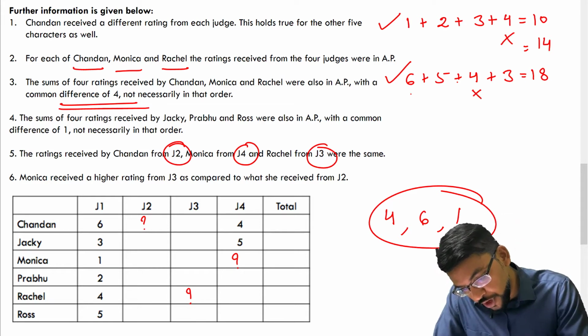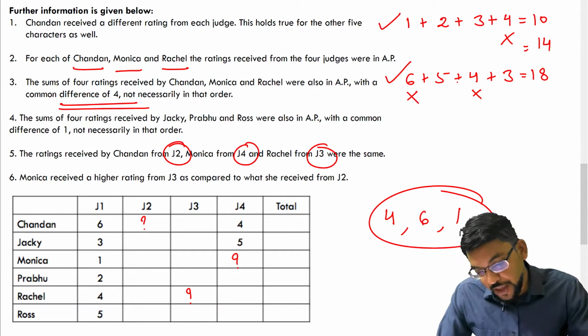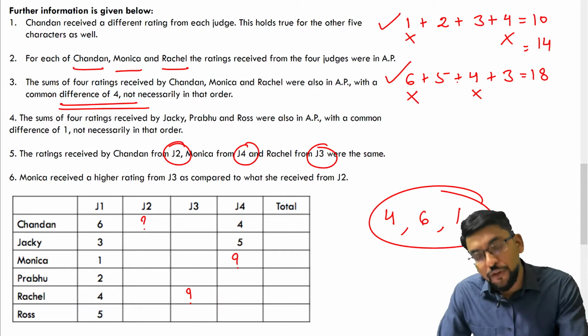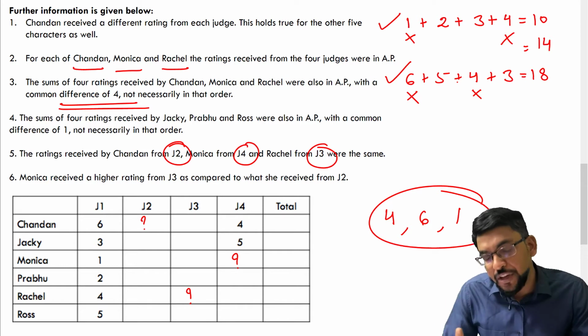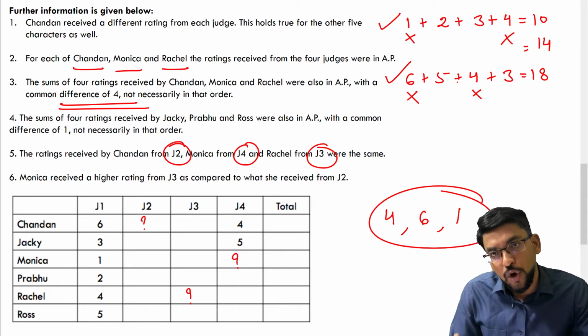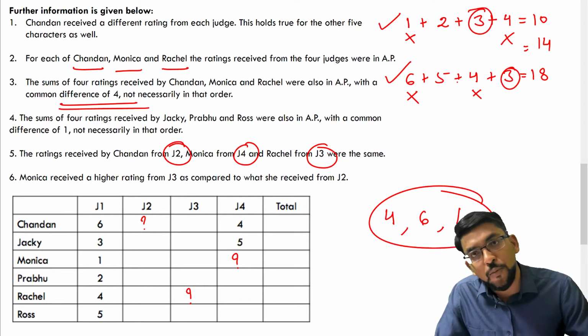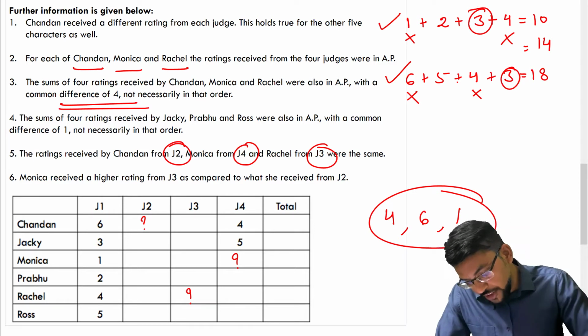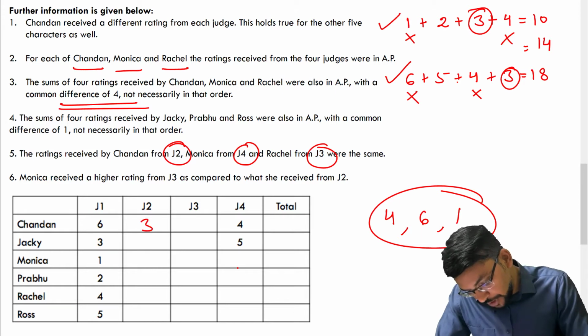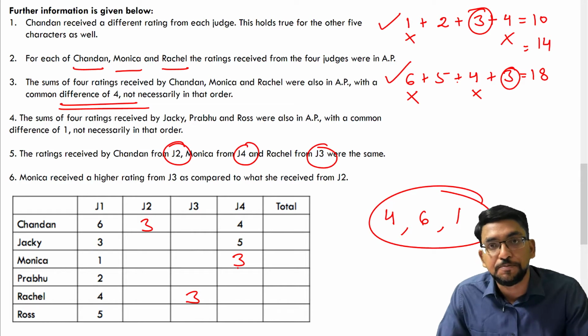We can remove 4, and 6 cannot be common, and 1 cannot be common. Now if you look at these two numbers, what numbers are common between them? Which we can see from here, only 3 is common. So we can write down this number for sure has to be 3, and similarly this also has to be 3, and finally this number has to be 3.